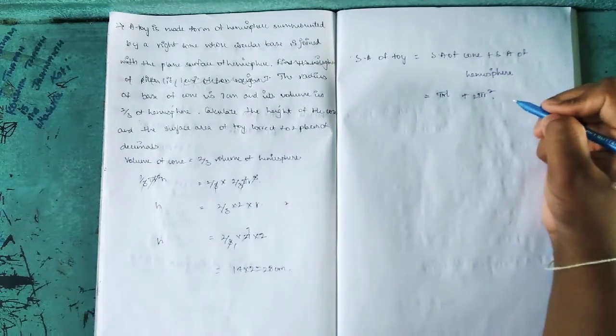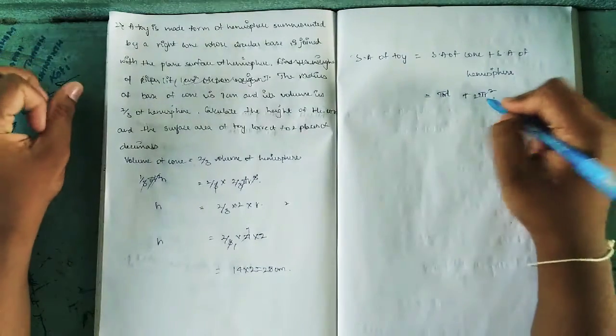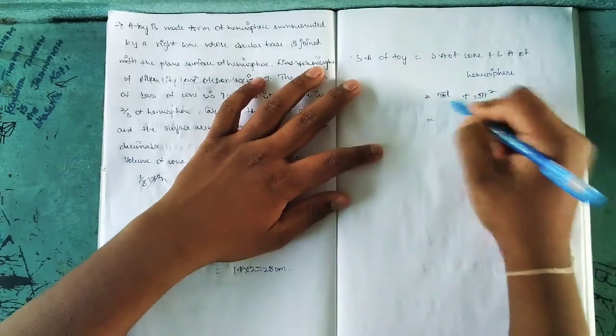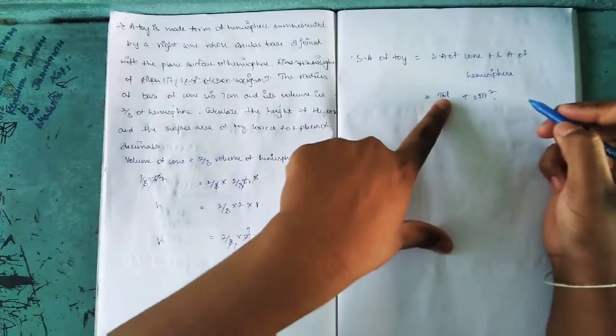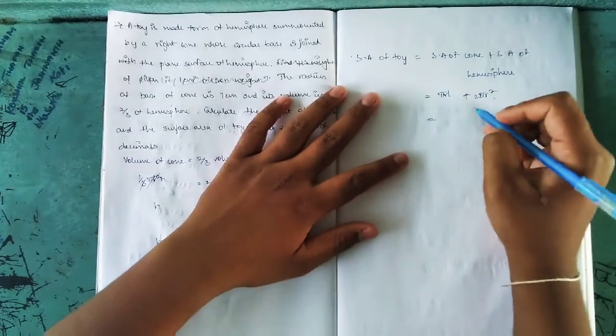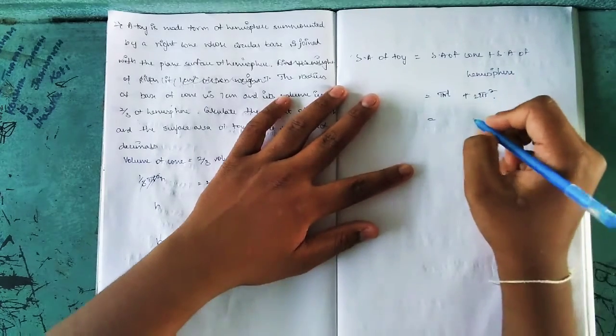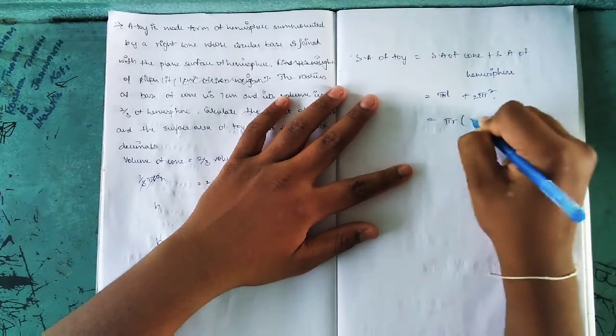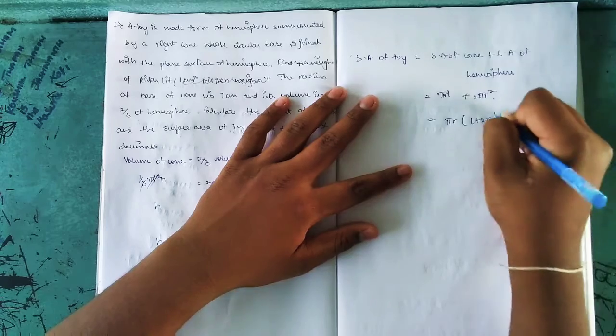Surface area means the curved surface area. So 2 pi r square and pi r l. If we take the common out from this, the common is pi and r. So pi r of l plus 2r.